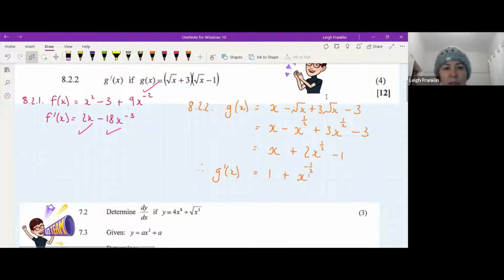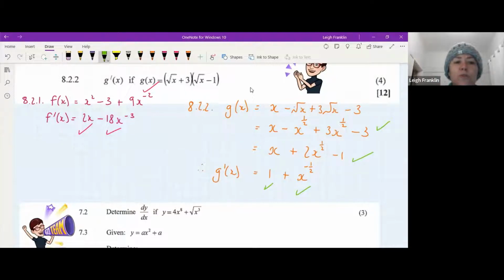Did you get the same answer? Oh, good job. There definitely has to be a mark on that, and a mark on that as well, and then there must be some other kind of mark for removing the brackets.